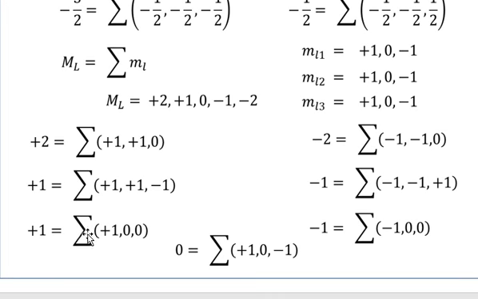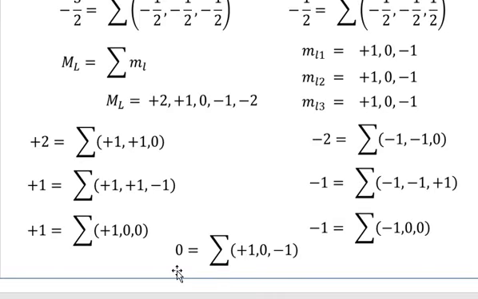Either you have plus 1, plus 1, minus 1 in any order, or you have plus 1, comma 0, comma 0. Similarly, you can construct minus 1 in two different ways: the summation of minus 1, minus 1, plus 1 in any order, and you can also construct minus 1 using the combination minus 1, comma 0, comma 0.